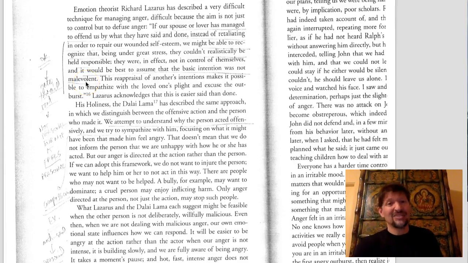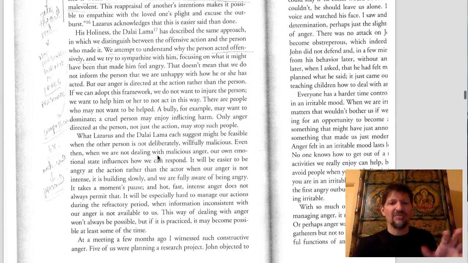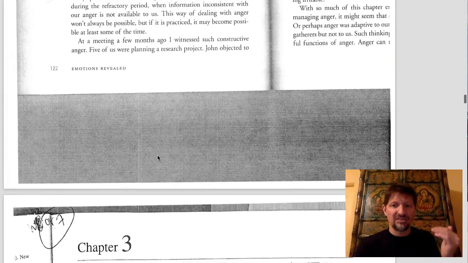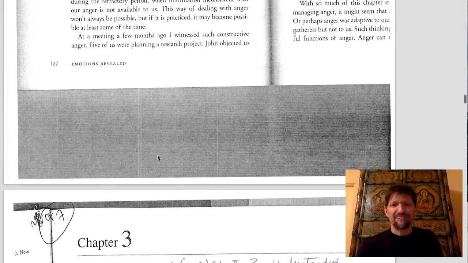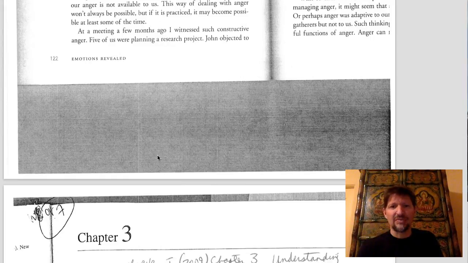Now, you could say this could be enabling bad behavior, but for the most part, here's another response we could take: instead of just avoiding, we can empathize and say, okay, I accept this behavior because I'm either assuming or allowing that some kind of stress they're under may have driven this behavior and not allowed them to be very conscious about it. Very, very helpful remarks.